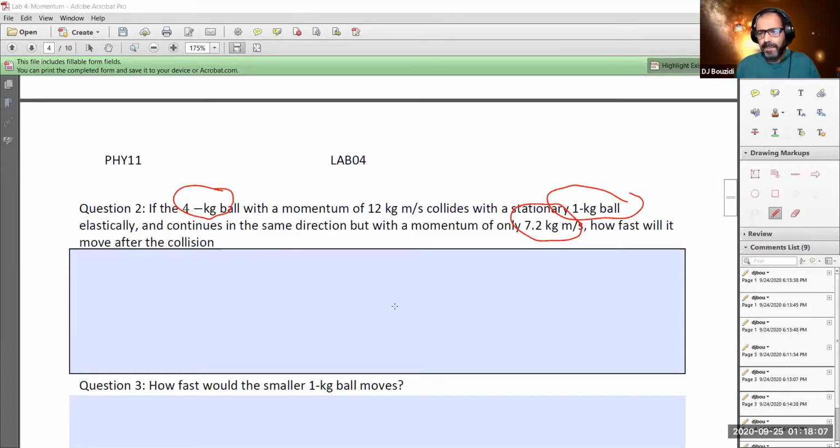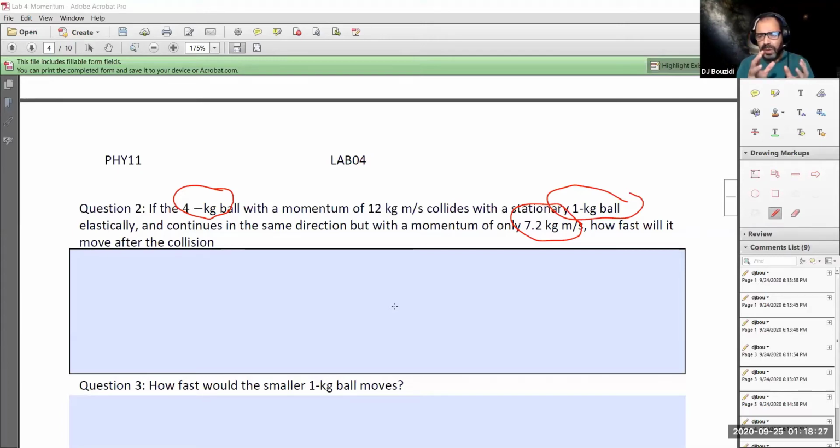But my initial question was how, because we started with 12 kilogram meter per second for the entire 4 kilogram ball. The other one was not moving, so the second one has 0 momentum. So the total initial momentum was 12 kilogram meter per second. The final momentum also must be 12 kilogram meter per second.